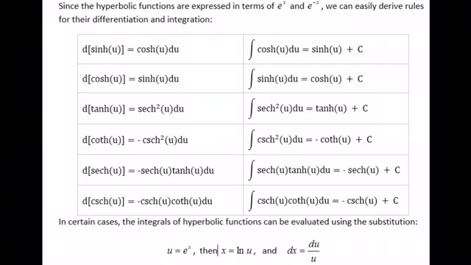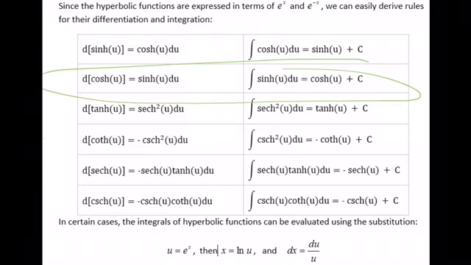Say for example the second row: in differential calculus, the differential of hyperbolic cosine of u is equal to positive hyperbolic sine of u. If you recall, in the trigonometric identities, the derivative of cosine is negative sine. However, in hyperbolic functions, the derivative of hyperbolic cosine is positive hyperbolic sine.